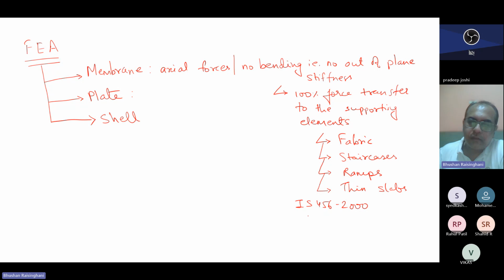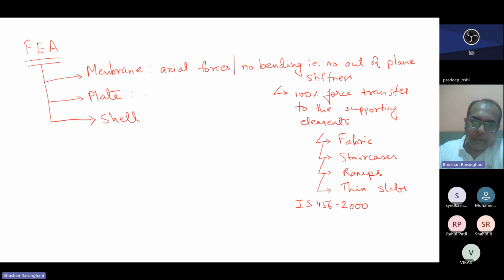So in this, the consideration is the slab is a membrane element. It takes only the axial forces and transfers the out of plane forces to the supporting elements, that is the beams. So this is the way when we are doing the manual analysis and design using IS 456-2000, using the membrane action.